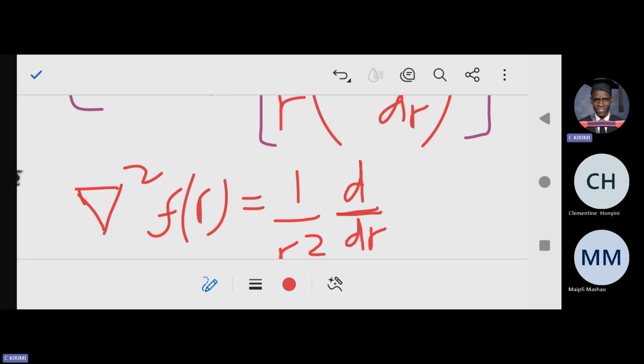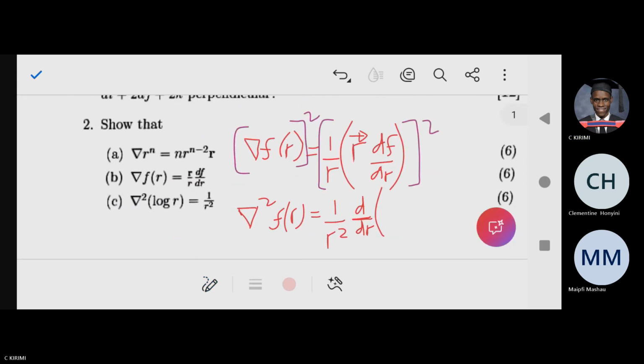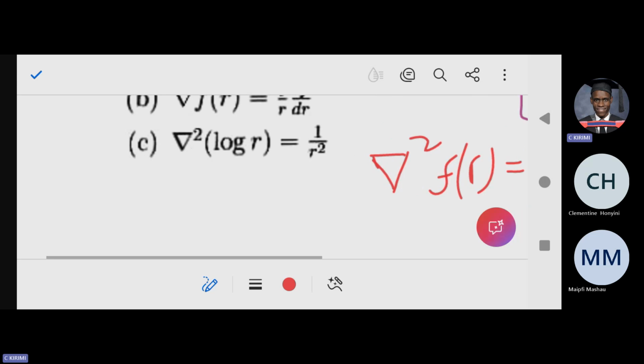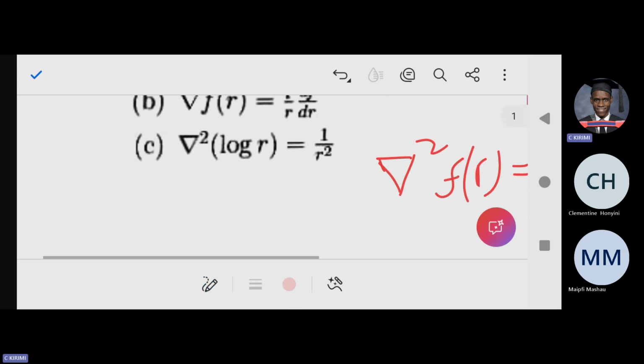Sorry, d/dr of what is inside. So in other words, in order for me to get d squared f over dr squared, let me just put it as side working. I want to square df/dr.